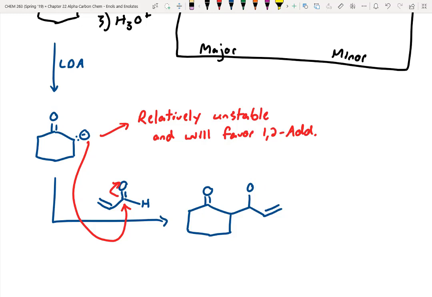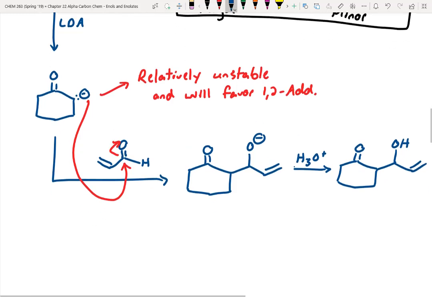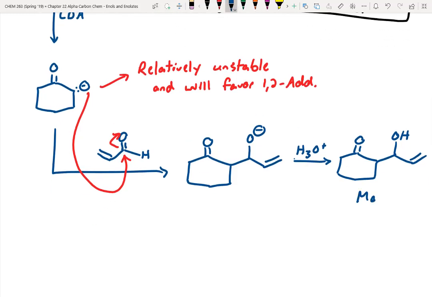Actually, this should be a negative charge at this point. But then in our last step with our acid, I'm skipping a step there, we would protonate that to give us this product, right? So this would be our major product. We know that relatively unstable nucleophiles will just do our regular nucleophilic addition.